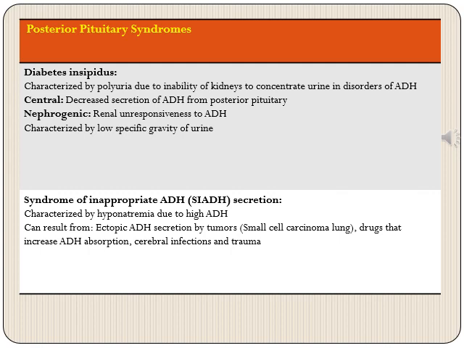This can result from ectopic ADH secretion, seen in certain tumors like small cell carcinoma of the lung as part of a paraneoplastic syndrome. Certain drugs the patient may be taking can increase ADH action, and finally there can be cerebral infections and trauma. All of these can lead to high levels of ADH, leading to fluid retention and hyponatremia.